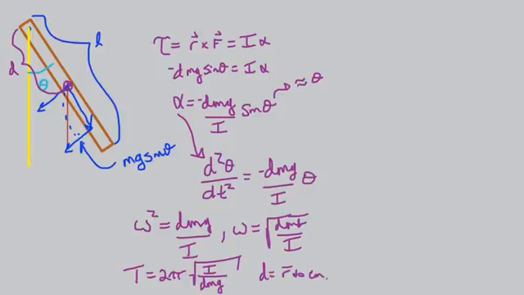Okay, now we're going to simplify this a little bit, and I'm going to take this drawing, and we're going to sort of combine these two pendulums. So imagine we suspend our pendulum.